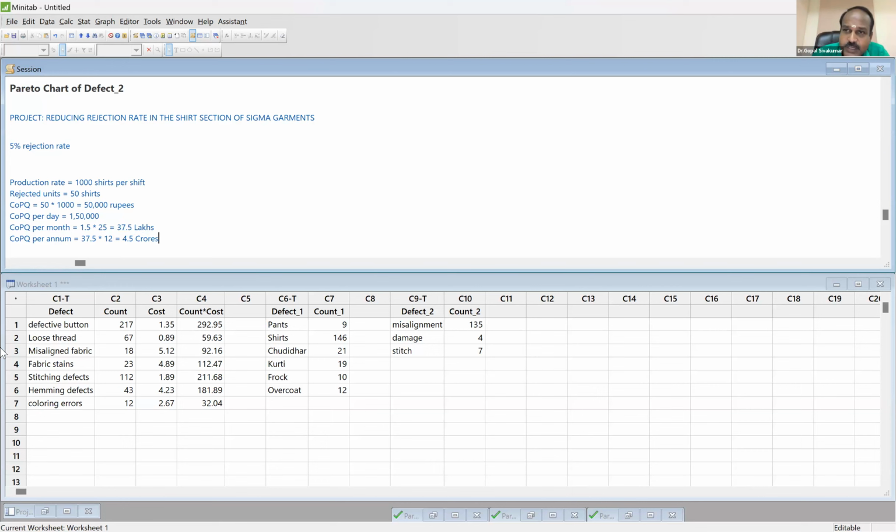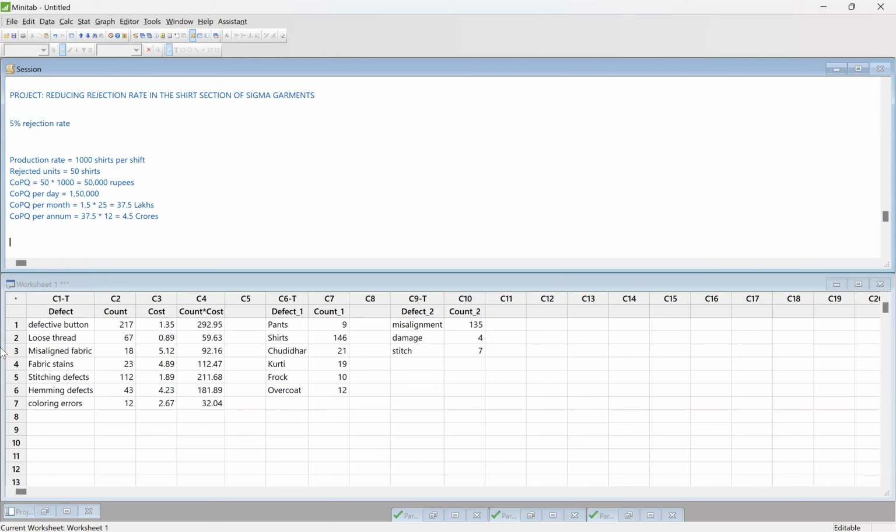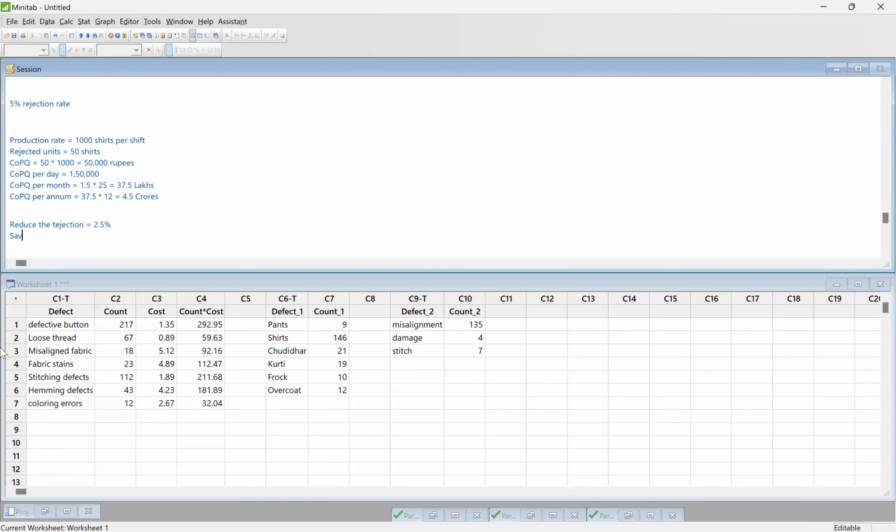If this problem is not attended to, how much money will the company be burning? 4.5 crores. If you appoint a team and work on this issue and reduce the rejection from 5% to, let's say, half of it, 2.5%, what will be the saving potential? 2.25 crores is the saving, which is direct benefit.